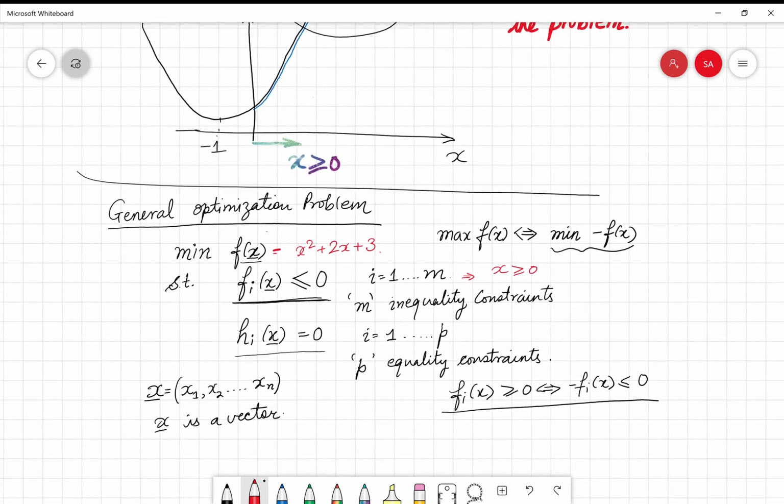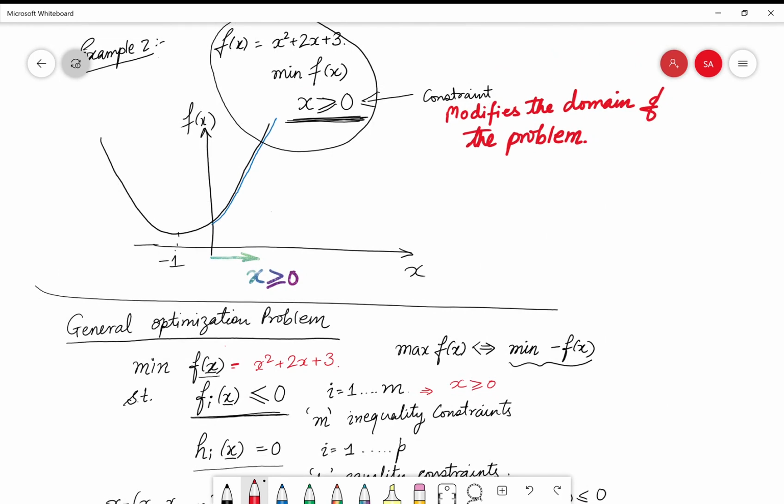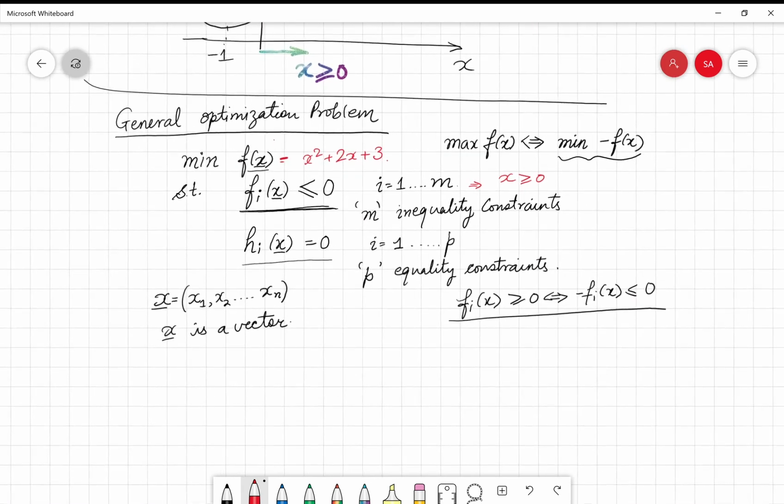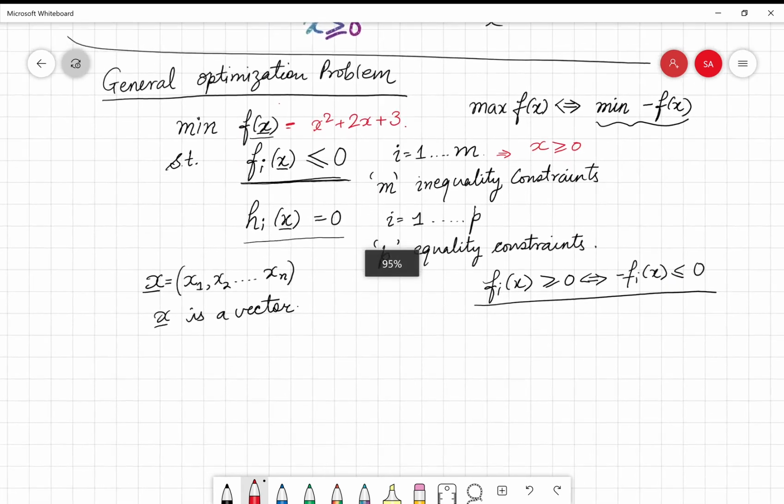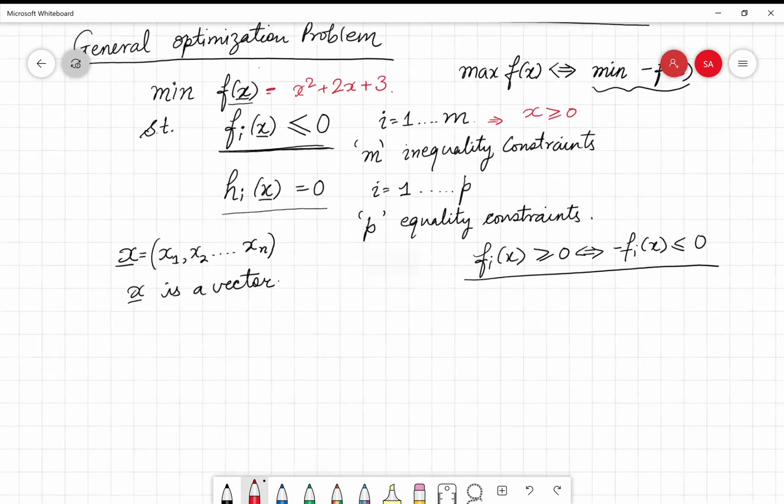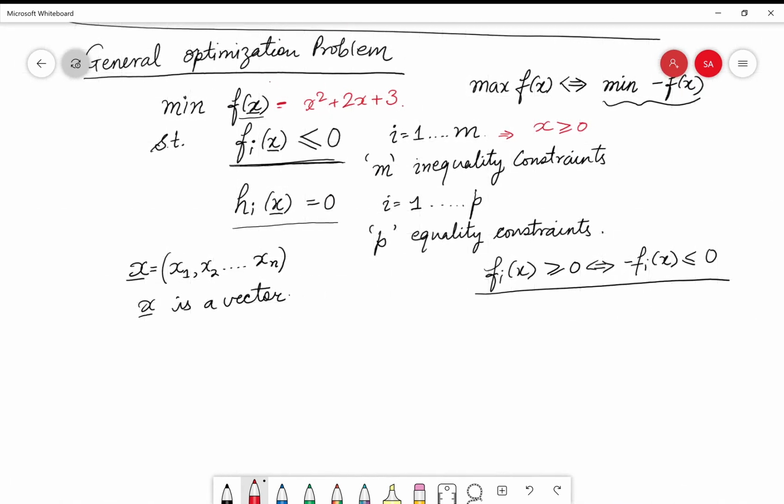So I had just one inequality constraint here, and I did not have any equality constraints. First we have to write the optimization problem in a proper format, and then we can proceed to understand what kind of optimization problem this is.